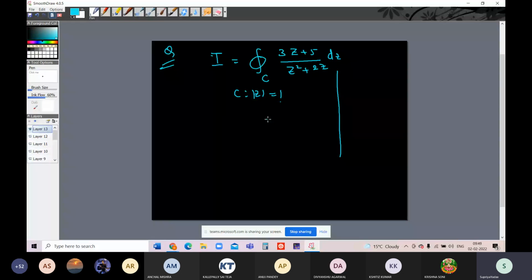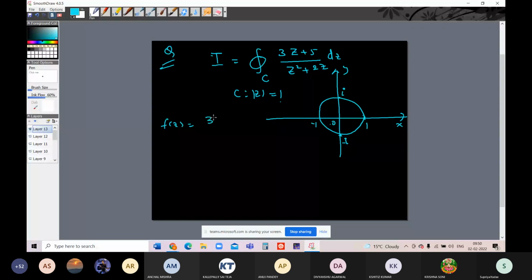It cuts the x-axis at 1 on this side and −1 on the other side, and the y-axis at i and −i. This function f(z) can also be written as (3z + 5)/(z(z + 2)).